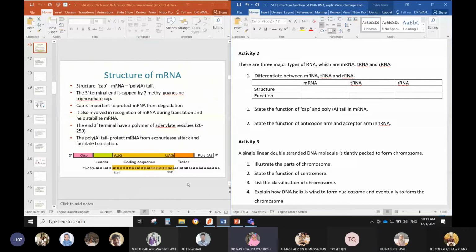All right. So, okay, that is the function. Sorry, the point of why we have the cap and the tail. Okay, so you know that the virus, we can take the RNA virus, it has the RNA as the genetic material of the virus.